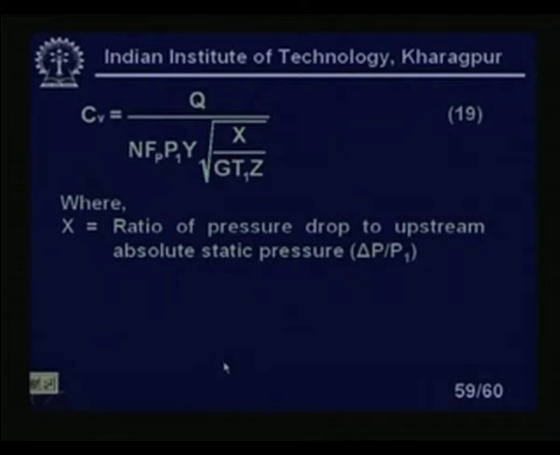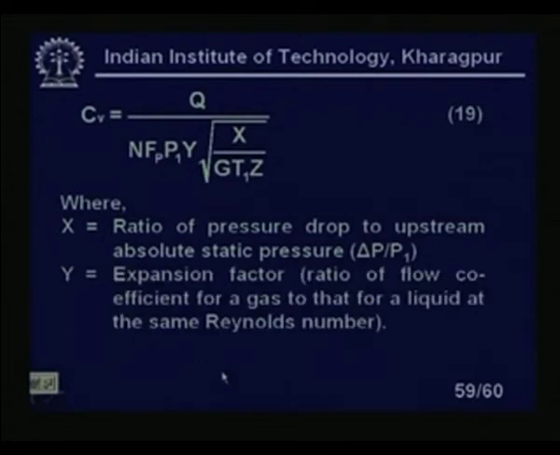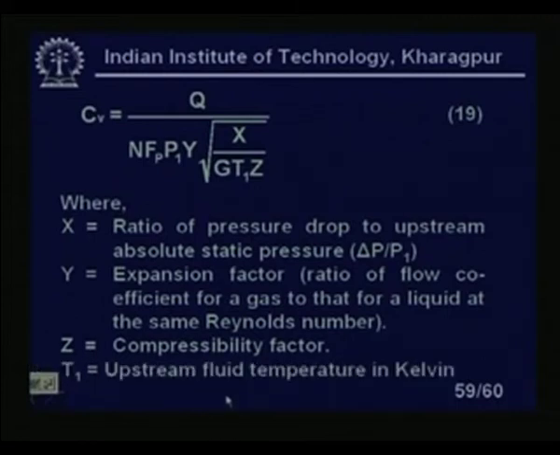That is the reason we are interested in P1. In the previous equation 18 also, we have seen that P1 is important, not P2. Y is the expansion factor, the ratio of the flow coefficient for a gas to that for a liquid at the same Reynolds number. Z is the compressibility factor, and T1 is the upstream fluid temperature in Kelvin. Okay, so all the legends are defined.